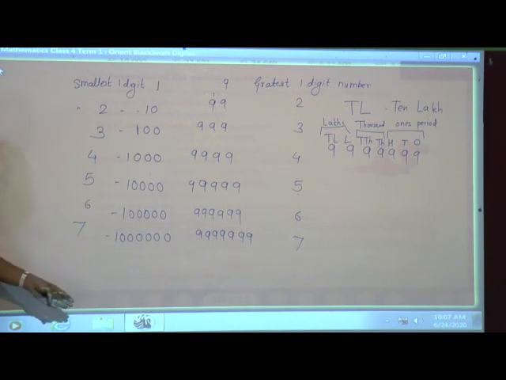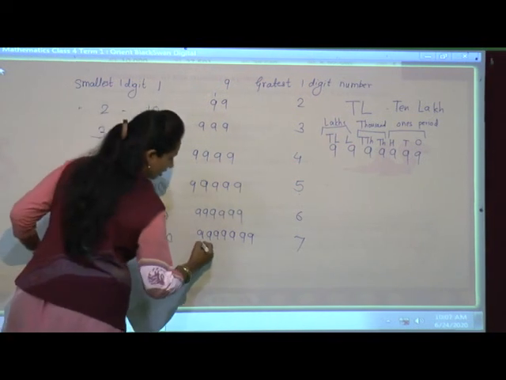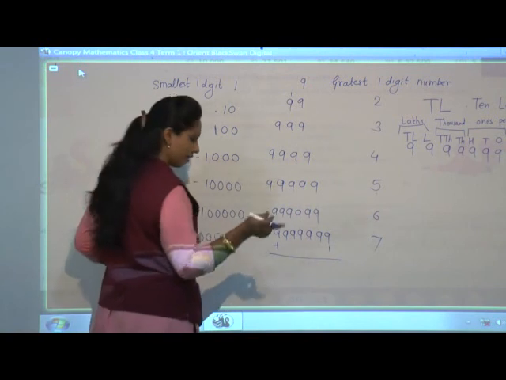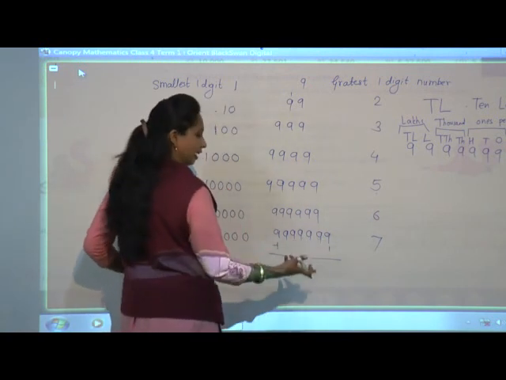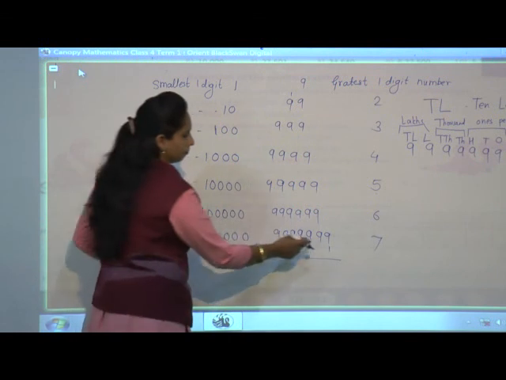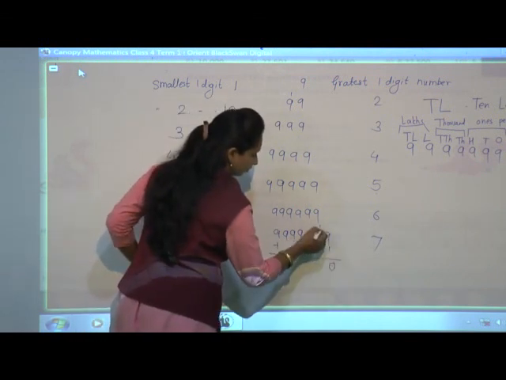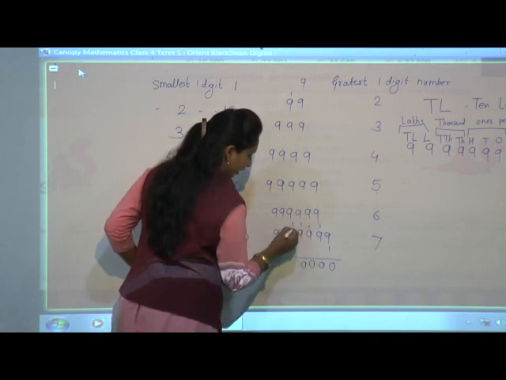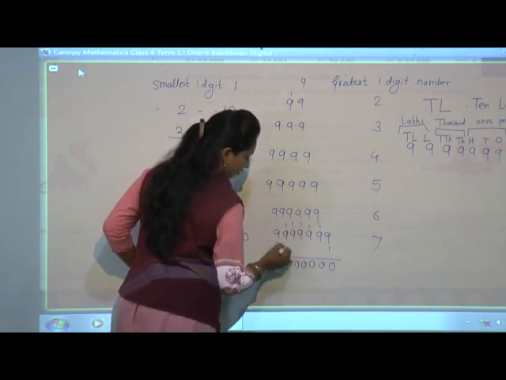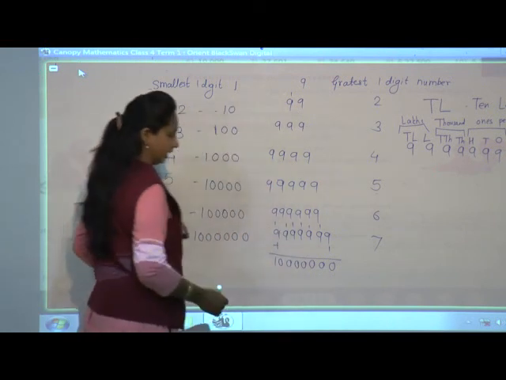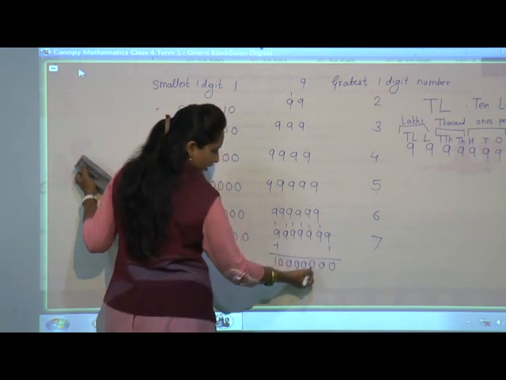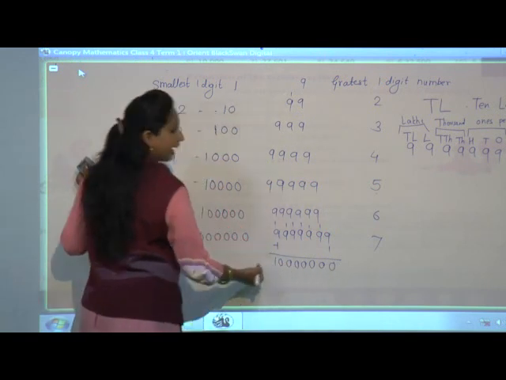Now in the same way we will see what the smallest 8 digit number is. Again add 1 to the largest 7 digit number, so we'll get the smallest 8 digit number. 9 plus 1 is 10, repeated for each digit. Now count the digits: 1 2 3 4 5 6 7 8.